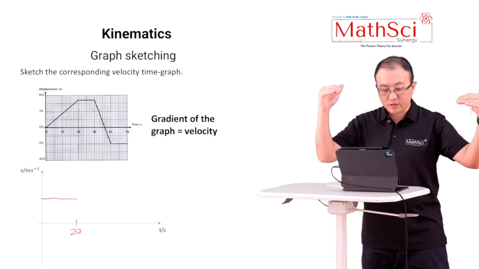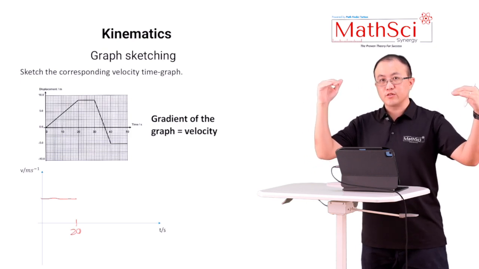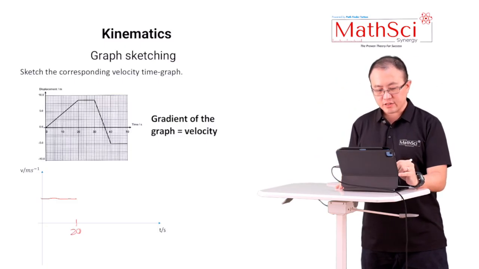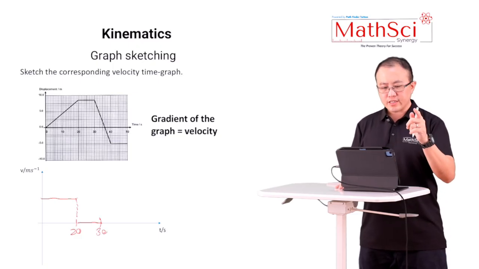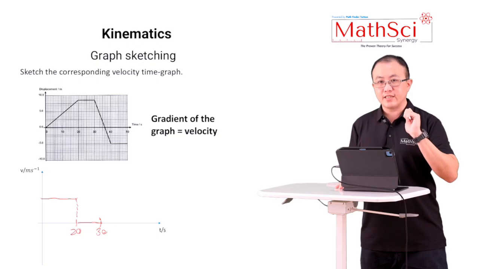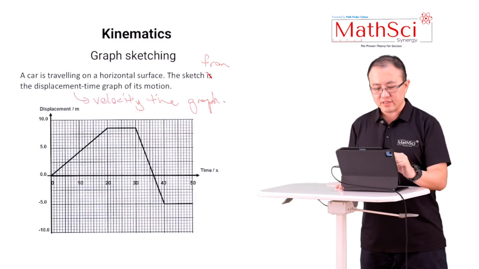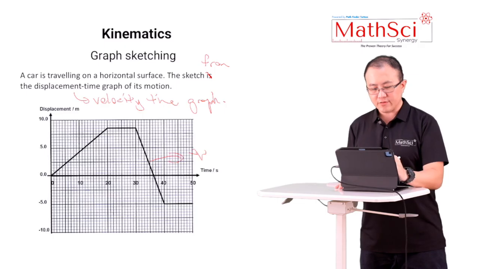Then after that, for the 20th to the 30th second, actually you did not move, because the displacement is 0. So let's draw a dotted line, and for the next 10 seconds, it will just be like that. And eventually from 30 to about 40 seconds, you are traveling in the opposite direction, because you can see from here, this is a negative gradient.